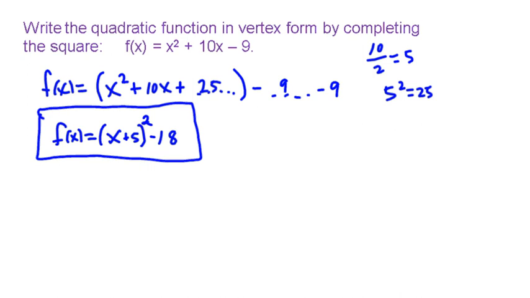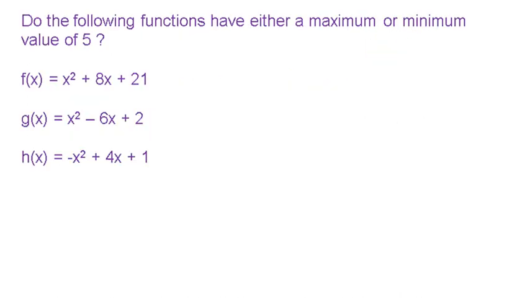Okay, next. The following functions have either a maximum or minimum value of 5. In this case, we can do these in a number of ways. I'm going to just take the first one and complete the square on it to see if our k value is 5.